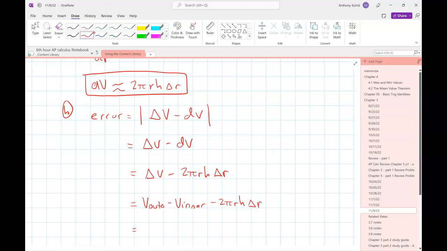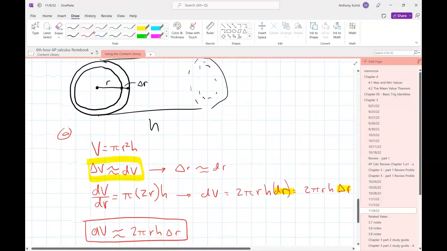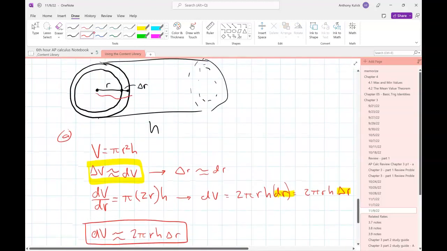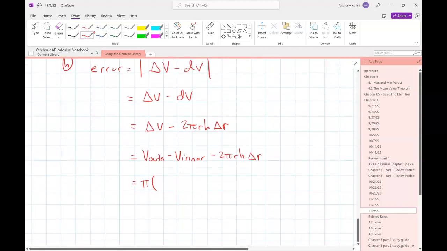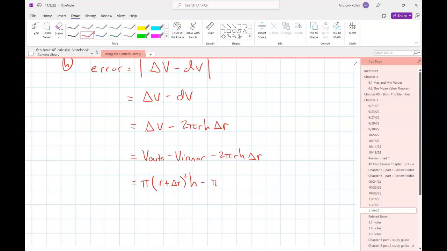So the volume of the outer is going to be pi r squared h, but the radius in this case is going to be r plus delta r, right? That's the outer shell. And then the inner shell is just going to be pi r squared h.